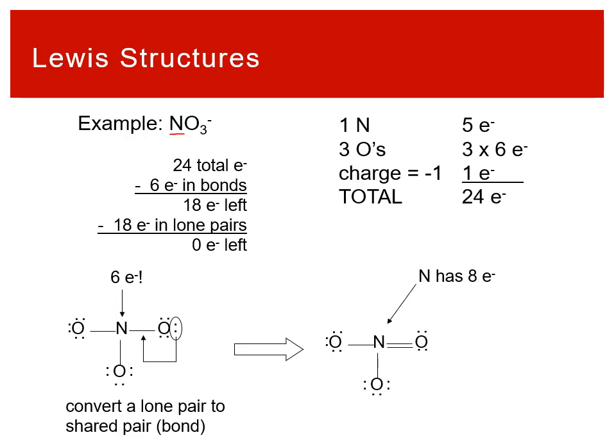So this is basically, in the last example with the PCl3, after you assigned the lone pairs, you had extra electrons so that you could put a lone pair on the central atom. Here, after assigning our outer atom lone pairs, we didn't have any electrons left, but we did not have an octet on the central atom. So that's where we form double bonds, triple bonds if you need them.